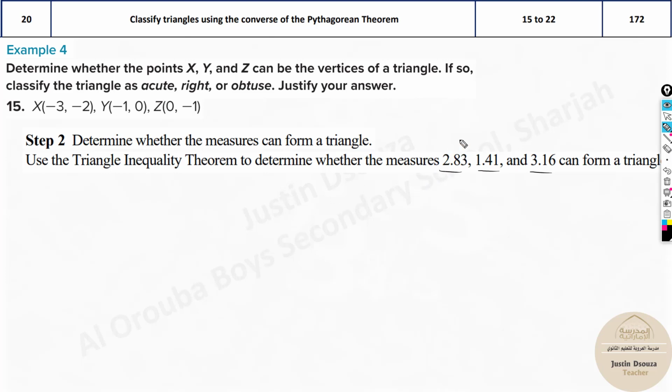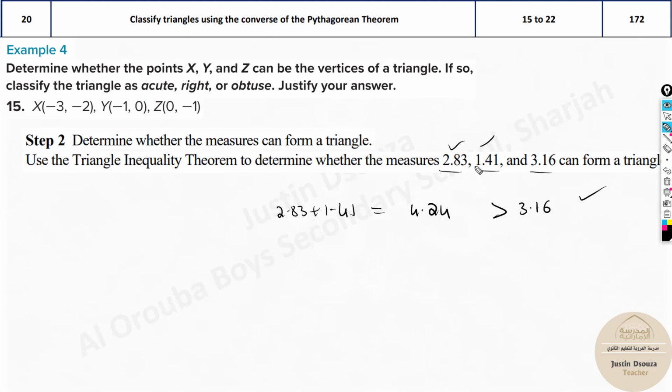Now, what it means is choose any 2 sides, this and this. Okay, add them. 2.83 plus 1.41. What is the value? It is 4.24, right? Approximately. This is greater than 3.16, the other side. Yes, this is true.